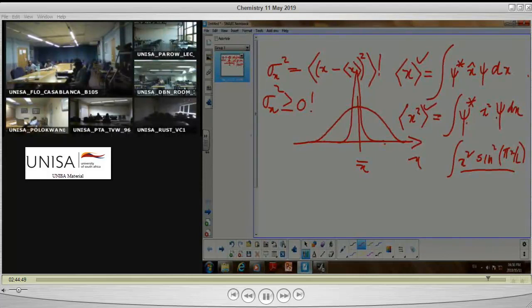Now, question 8. Question 8 has got to do with the variational principle. This is also in your textbook. The idea behind the variation principle is simple. You remember we said, when you want to solve the Schrödinger equation, you need to find the wave function first.